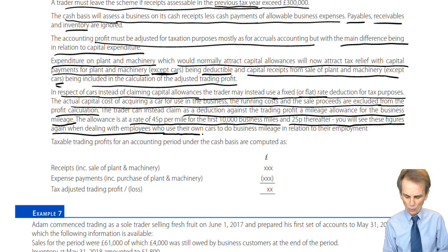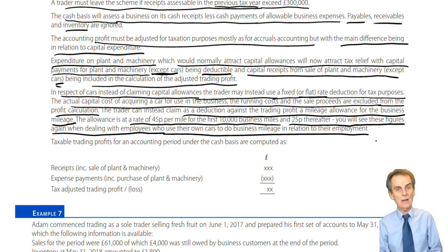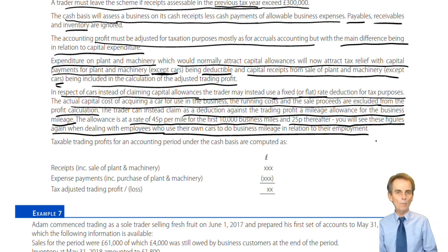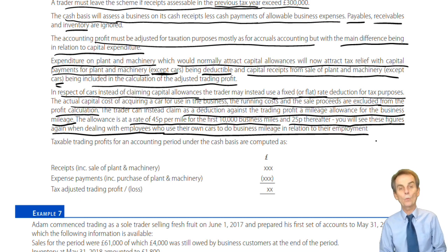If an individual is using his or her own car in doing business mileage on behalf of the employer, then these business mileage rates may be used to compensate the individual by the employer without any assessable benefits arising. So we will see these in use in Chapter 9 when we deal with employment income. But here we've got to use them in determining what is the allowable deduction.